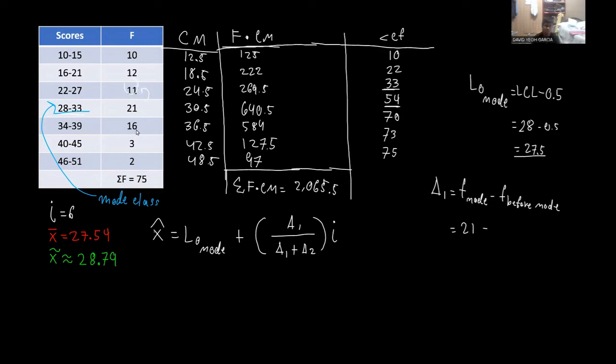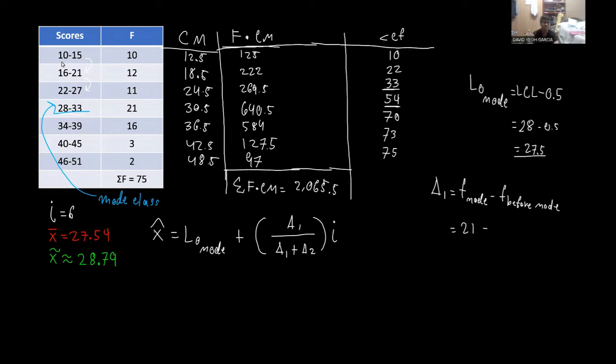Here's the thing, why not 16 instead of 11? Look at the order of these class intervals. I mentioned earlier that this interval is the class interval that has the lowest values. And as you can see, if you proceed to the next class interval, the values increase, from 10 to 15, to 16 to 21, to 22 to 27.